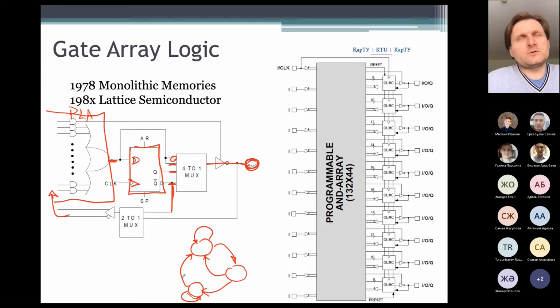The cost is about half of $1, and that GAL opened completely new possibility to build control systems, especially digital control systems, like our coffee machine. Our coffee machine can be realized on that simple integrated circuit. That is very, very, very interesting.